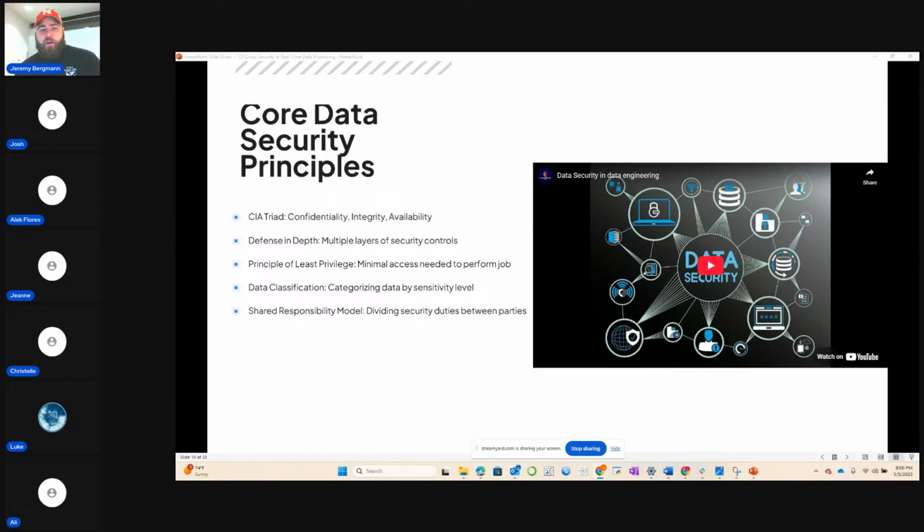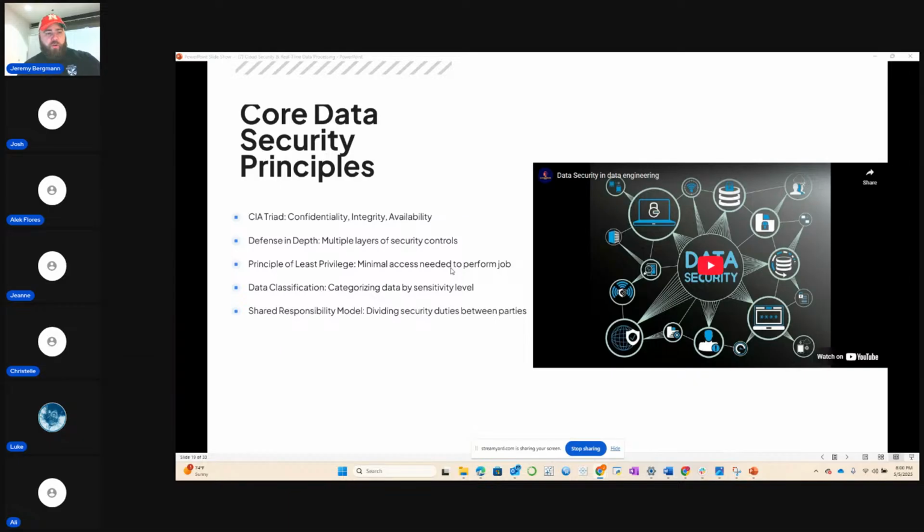Perhaps it's some information on a health record that you don't want certain people to be able to see. It can be very valid, especially in the areas of finance and banking, health records, and HIPAA compliance and that type of privacy. Really being conscientious of it as a data engineer is important.